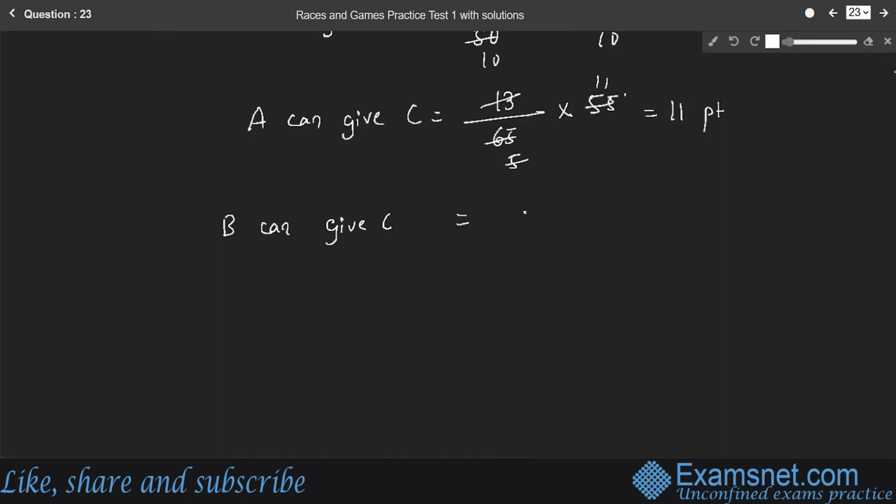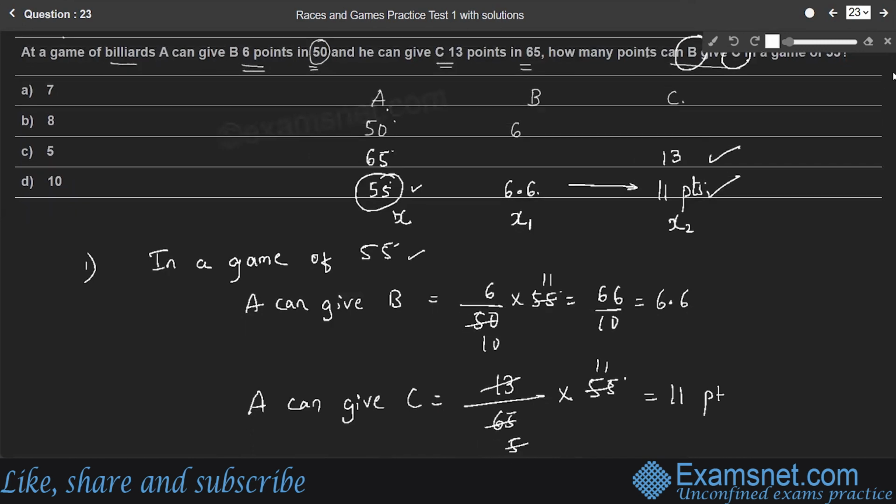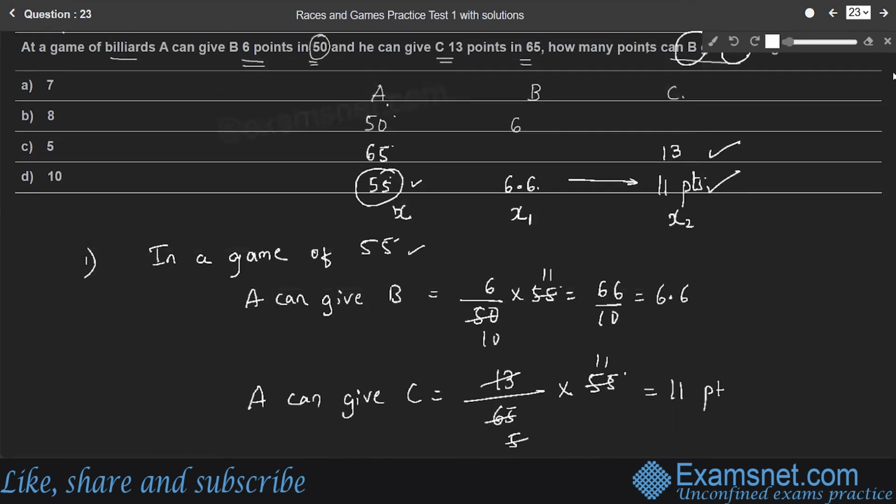The formula says X into X2 minus X1 divided by X minus X1. So here the total points in a game is 55, and points given to C is 11 minus 6.6, divided by 55 minus 6.6, total points minus points given to B.